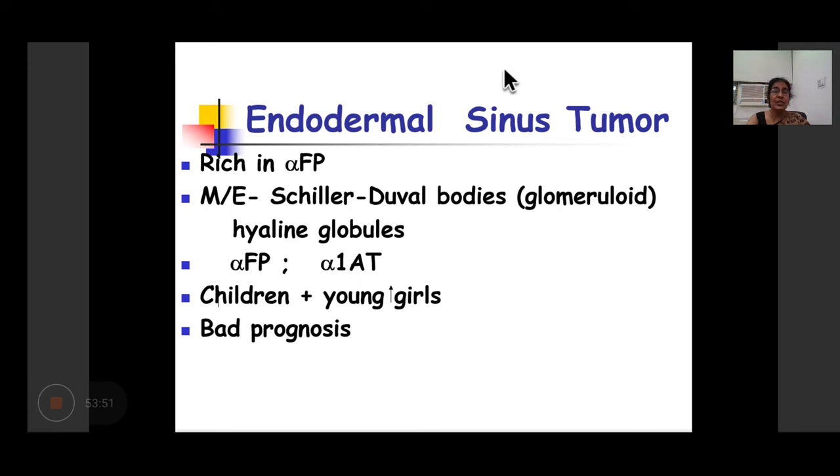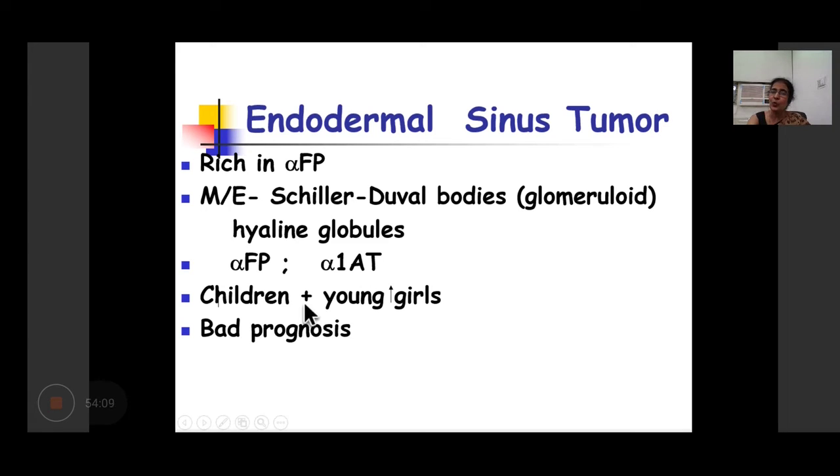Then coming on to tumor with yolk sac differentiation, we have a yolk sac tumor, also called the endodermal sinus tumor. And like the yolk sac, it will secrete alpha fetoprotein. So there are increased serum levels of alpha fetoprotein occurring in a small girl, in a young child.